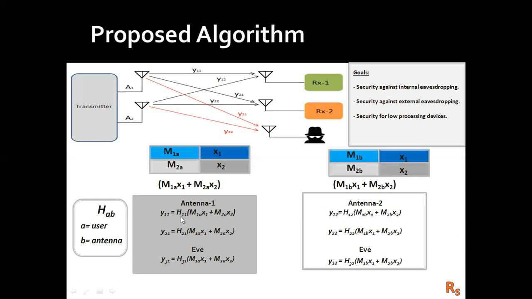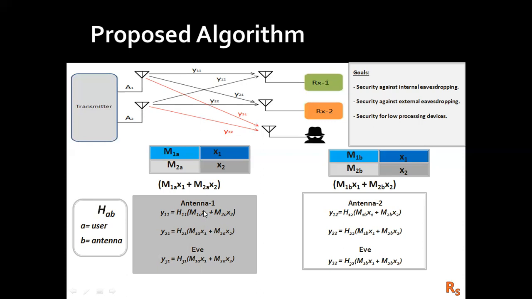So H here is the channel, and as we told in the previous slide, the transmitted data bit is superimposed with the precoder matrices.